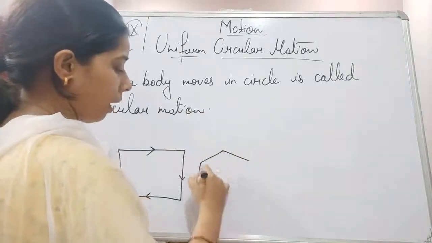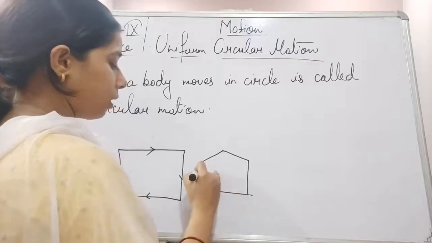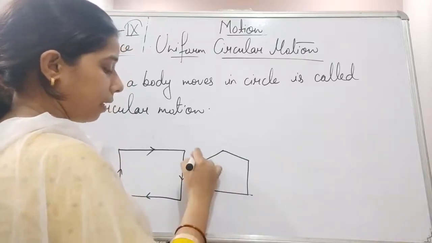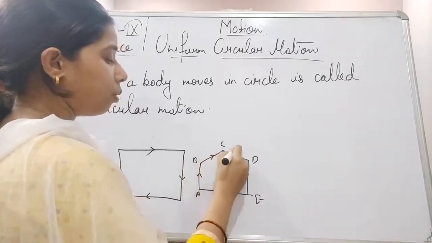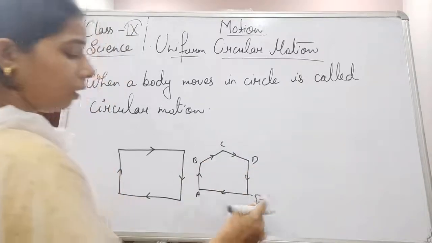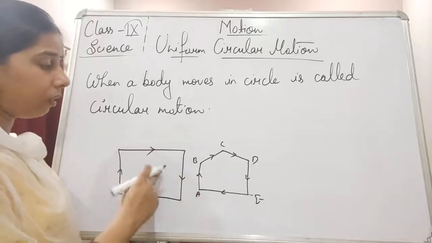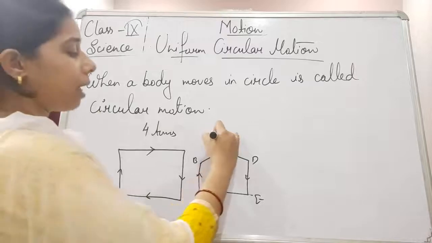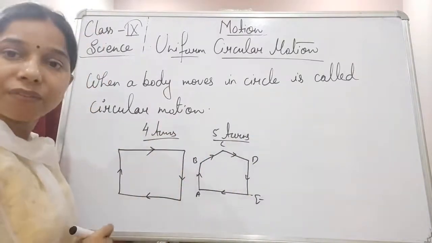A boy is moving in this pentagon park, starting from point A, then B, then C, then D, then E, and then E to A. So here it has to turn 4 times and here it has to turn 5 times.